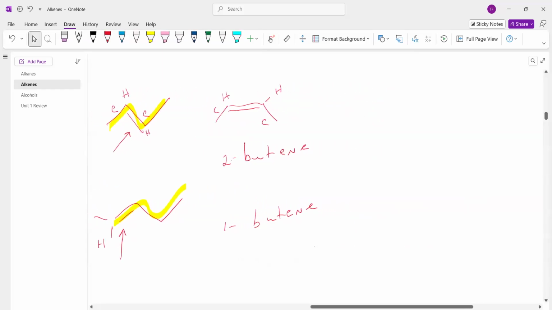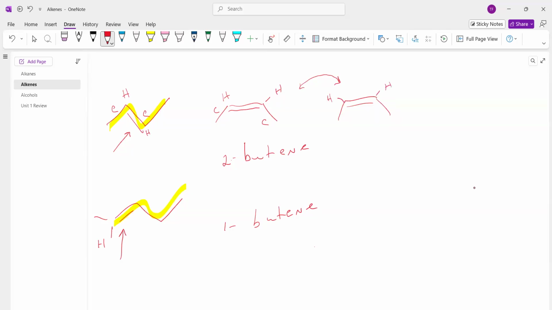Now we can flip this. If we look at this mirror image of this. So we're concentrating on carbon number 2, carbon number 3.